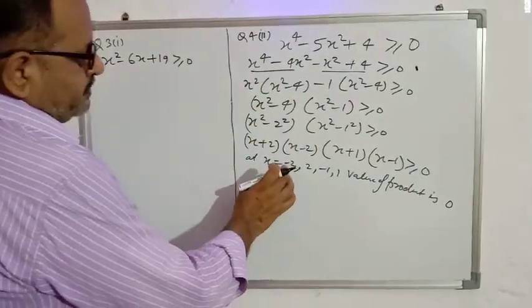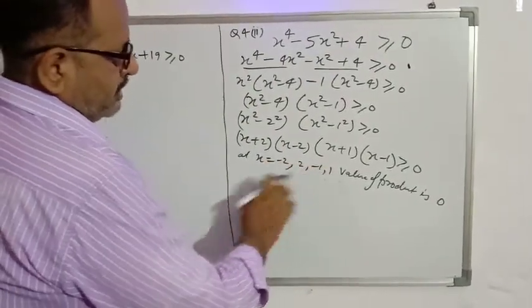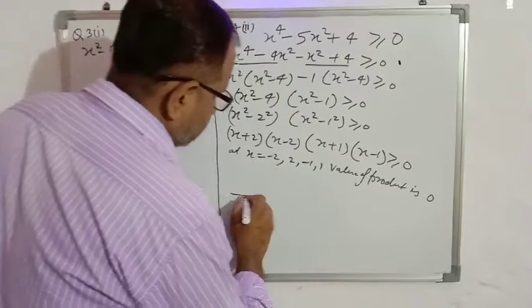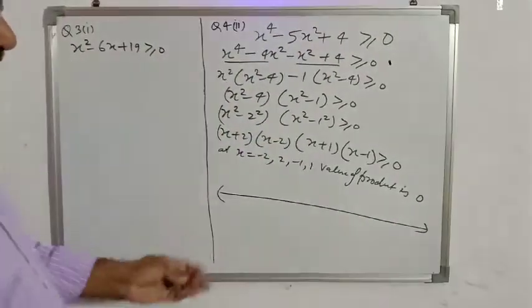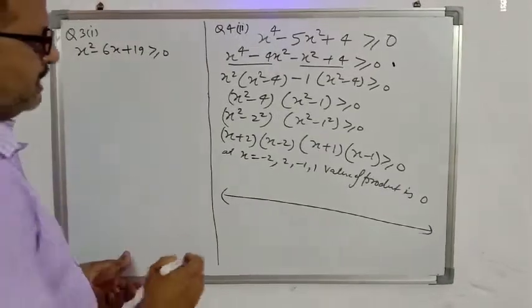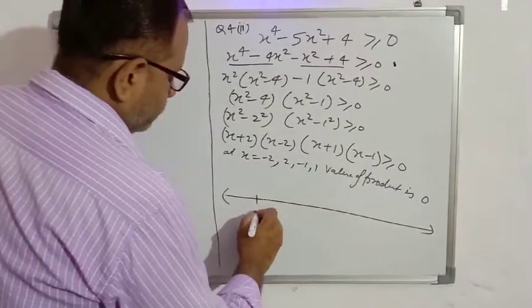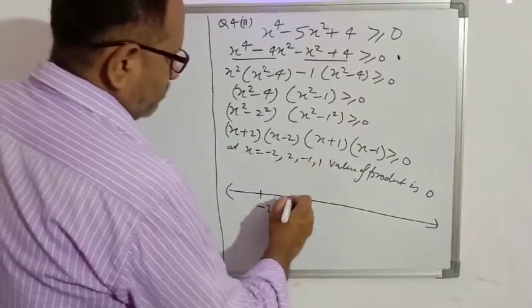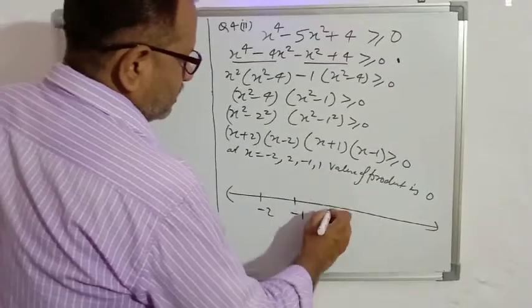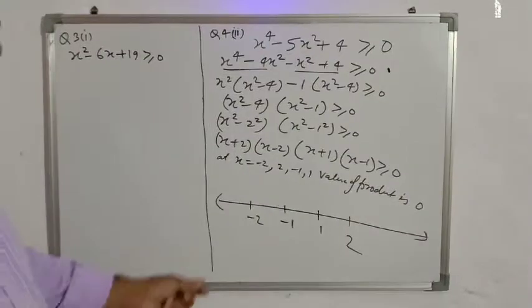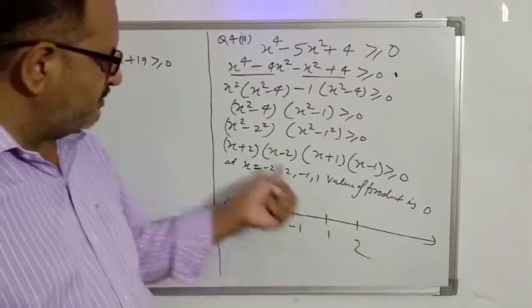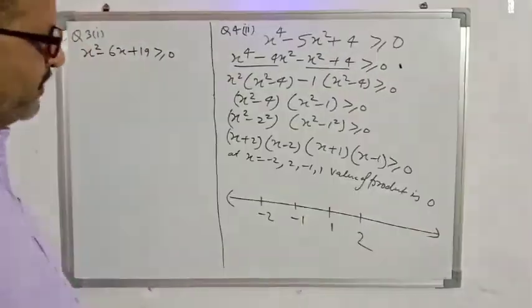So we will locate these numbers on the real number line. A smaller number we have to write on the left side, larger on the right side. So minus 2, after minus 2 we will write minus 1, then 1, and then 2. So we have to locate these numbers at which the product is 0.